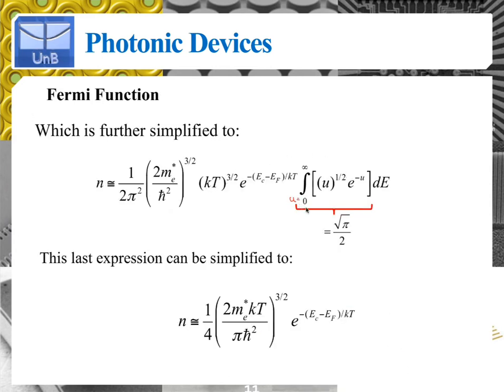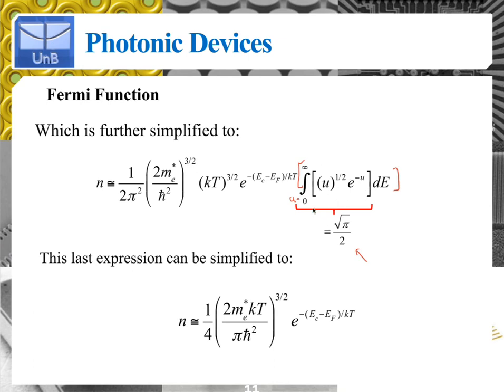Therefore, U spans from 0 to infinity. These are the new limits, and this integral can be found in tables. It can be solved analytically by using integration by parts and the Gaussian integral, for example. And if you do this, you'll find that the integral itself, this part right here, will result in the square root of pi over 2. Okay, this is an integral that can be carried out.